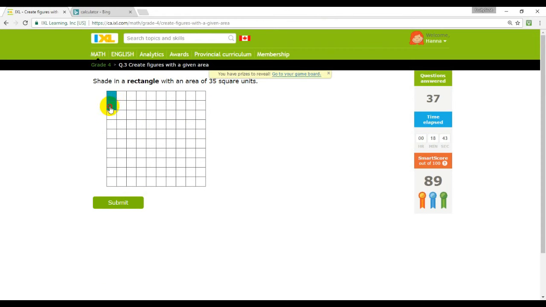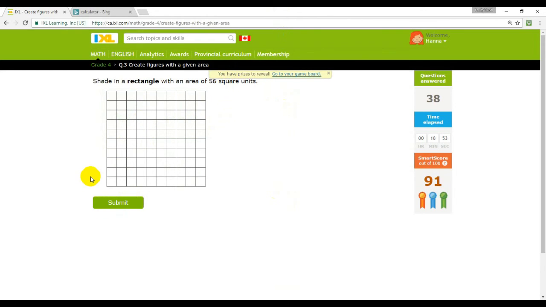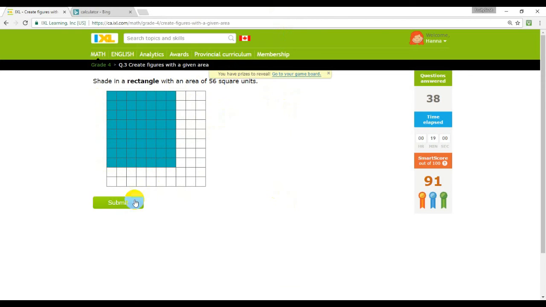That will be 7 rows of 5s. 56. Okay, I know this, and it is 7 rows or 8 rows of 7s. Okay, 72. 9 rows of 8s.